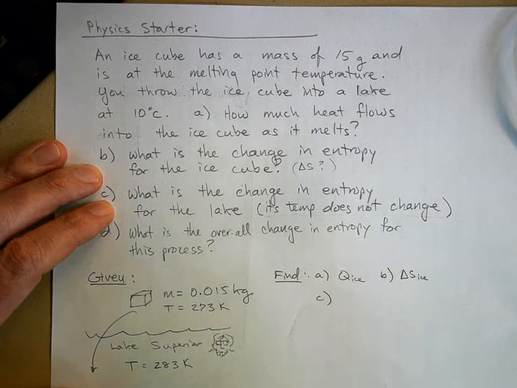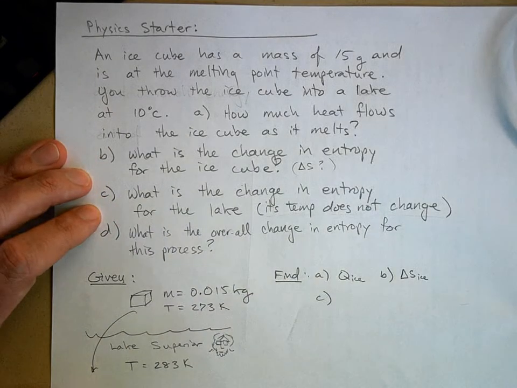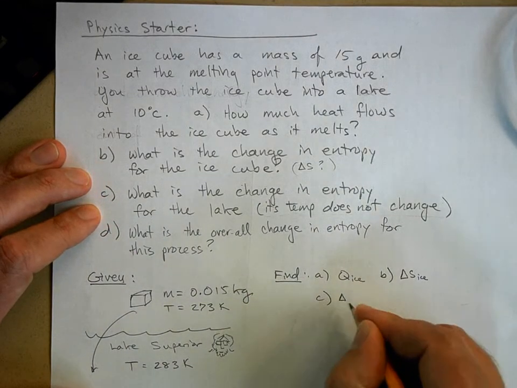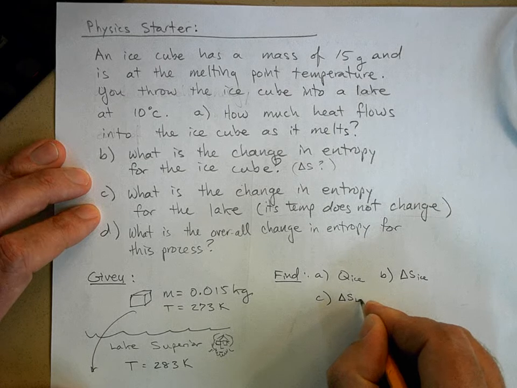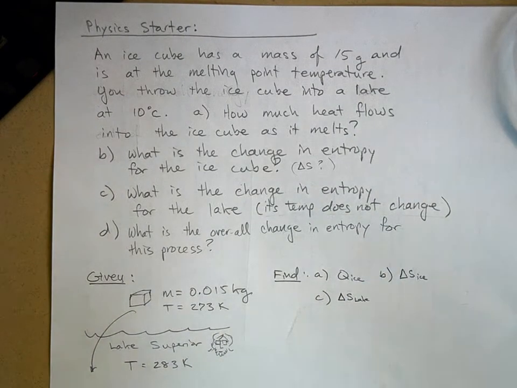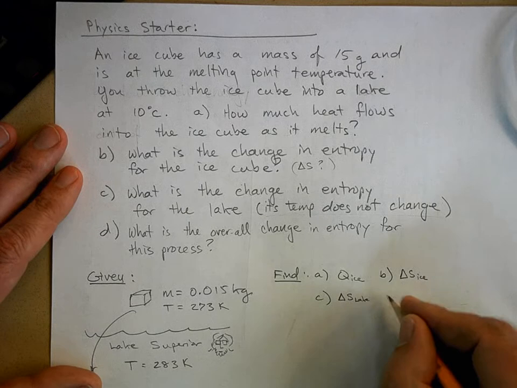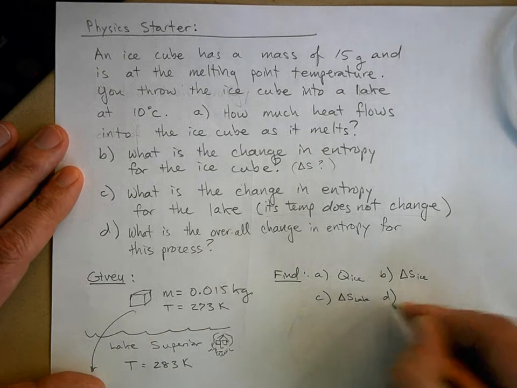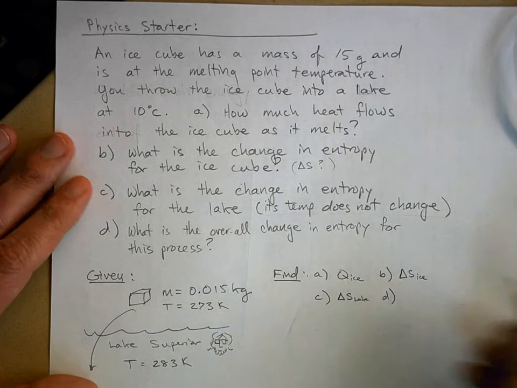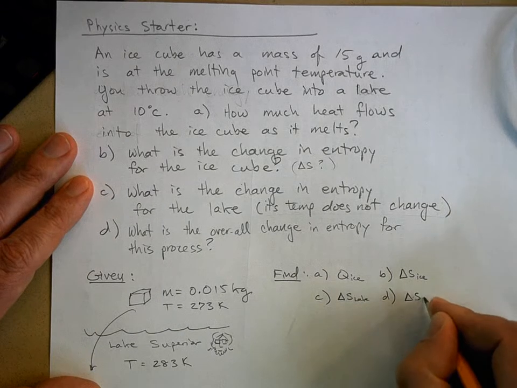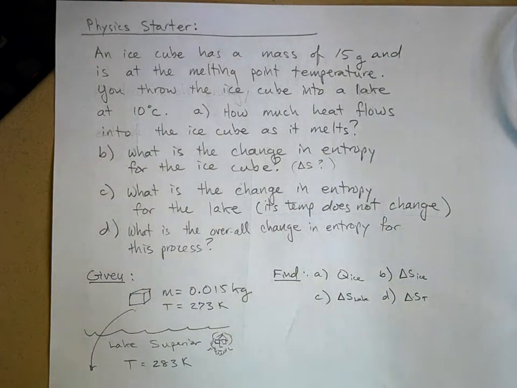And then C, what is the change in entropy for the lake? And delta S is what we use for change in entropy. I don't know why they use S, but they do. And then D, what is the total entropy change? We're just going to add those together.